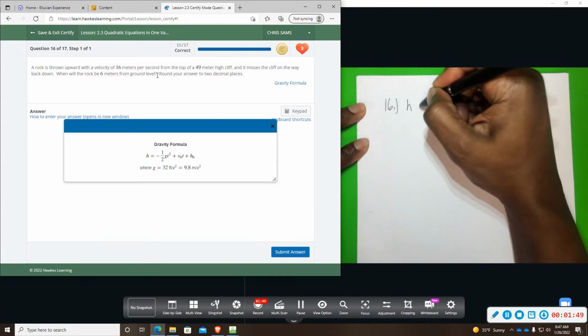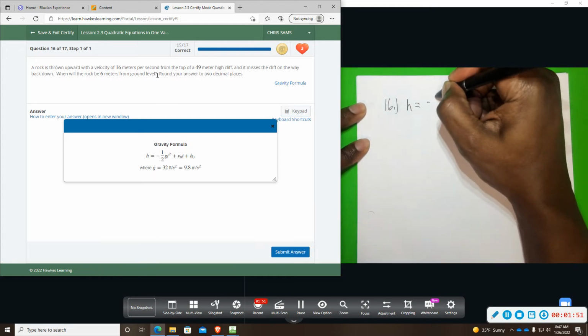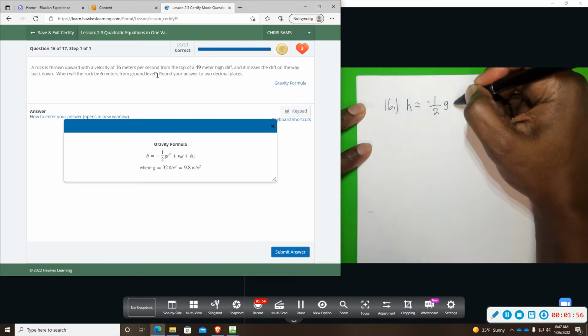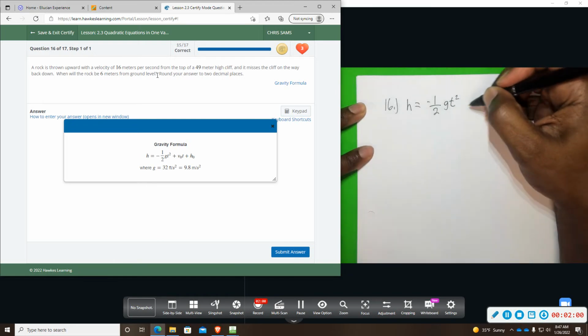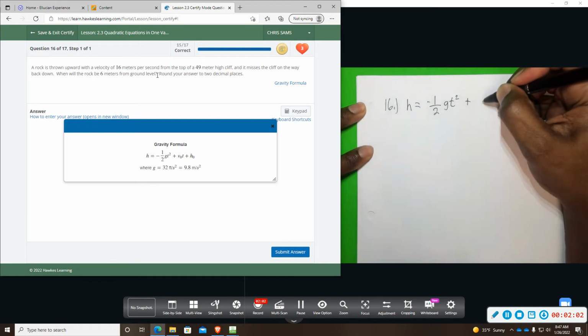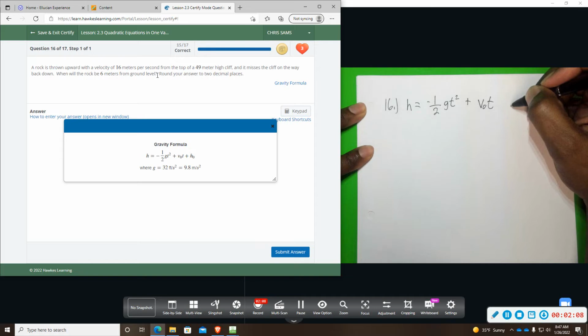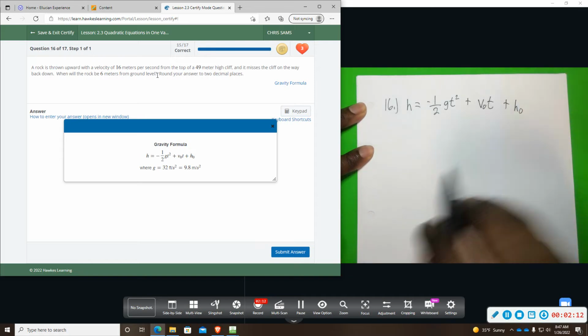H equals negative 1/2 g times t squared, plus v naught, our initial velocity, times t, plus h naught.